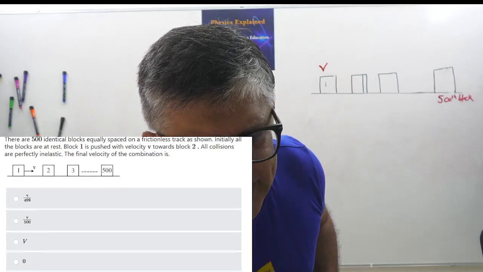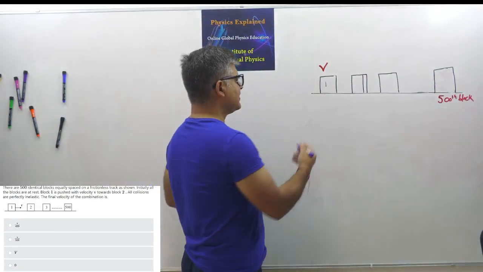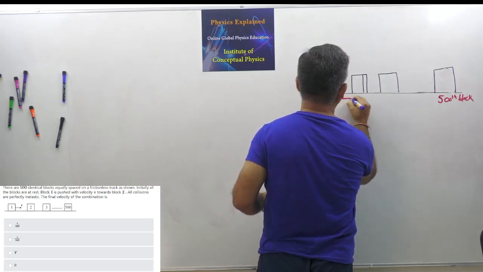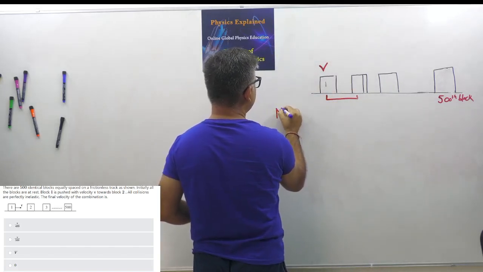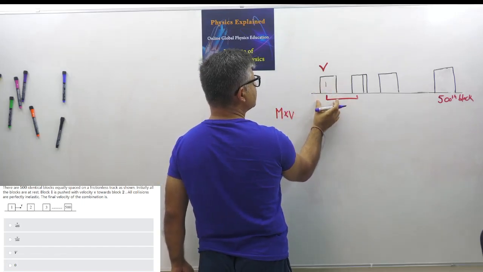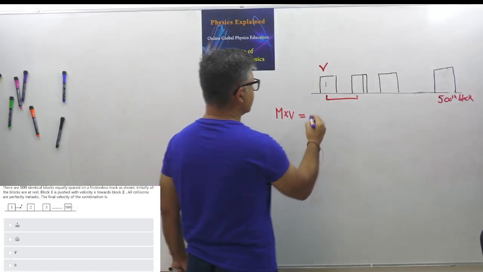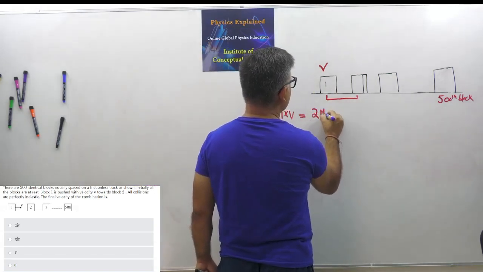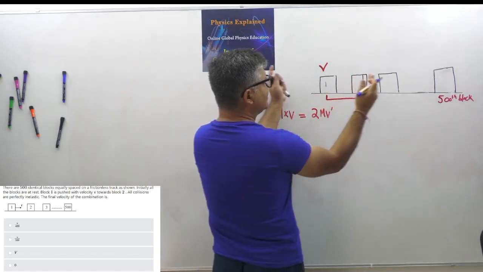Let's move on. Let's talk about the first collision. When the second body is hit, what do we write? mv, which is the momentum of the first body. Now it is a 100% inelastic collision, and therefore it is 2m v dash. So v dash is the velocity when these two join.